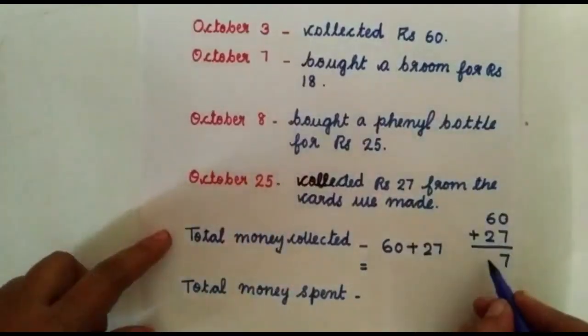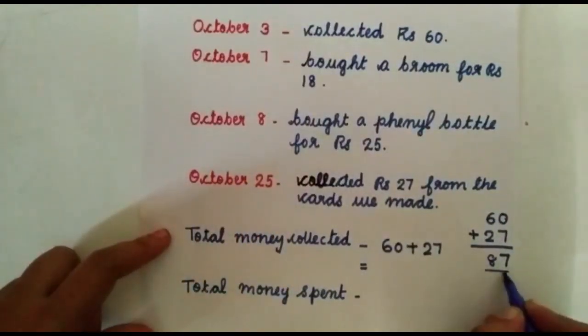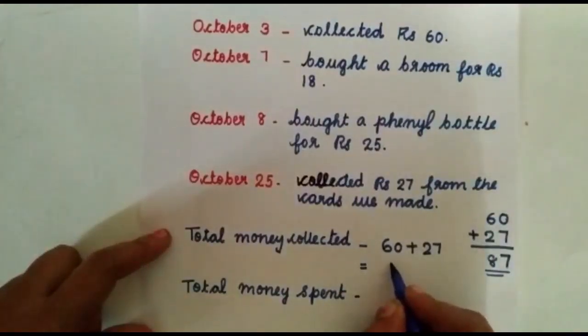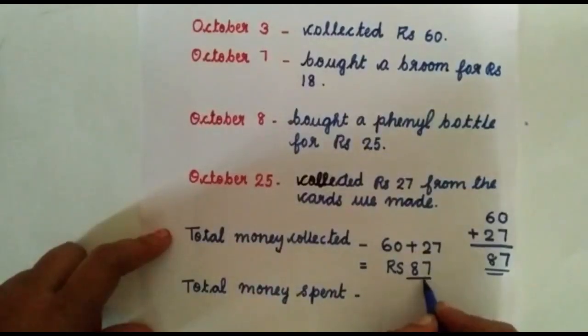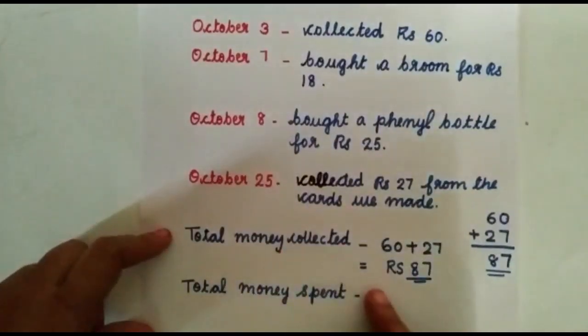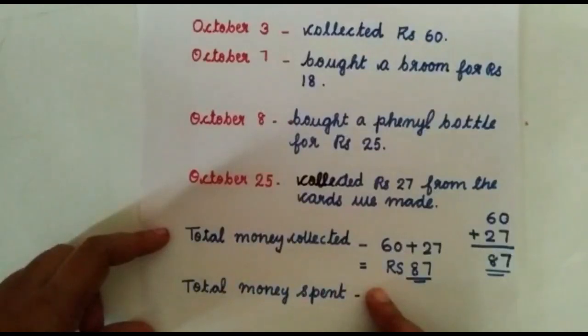So 60 plus 27 equals 87. So total money collected is rupees 87.